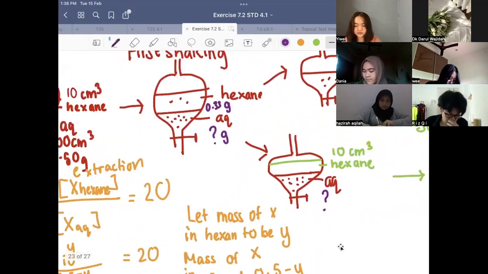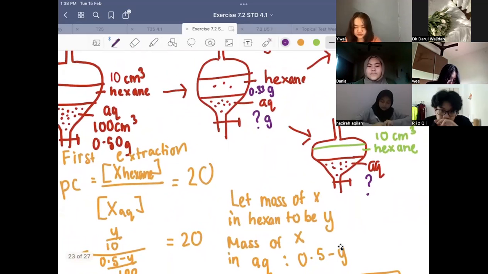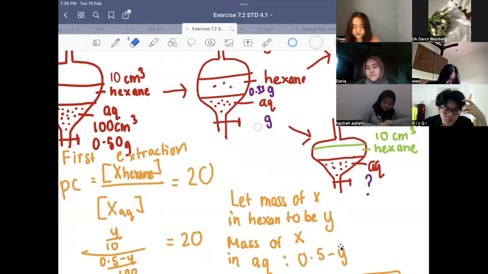To find the mass in aqueous, I will have to take 0.5 minus 0.33, which is 0.17.